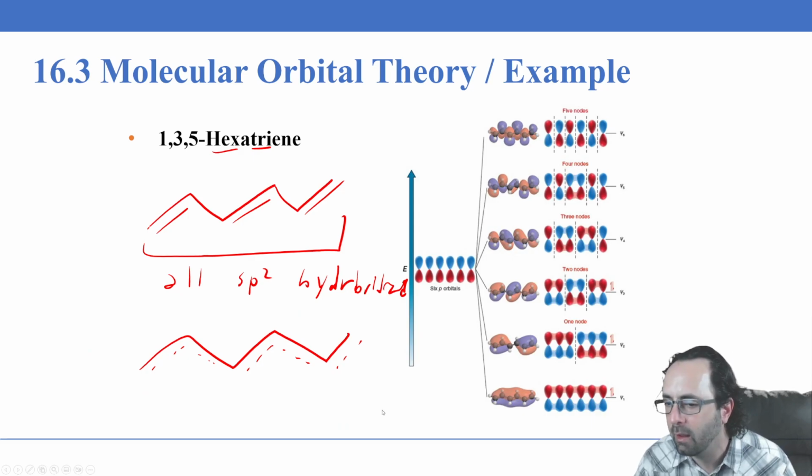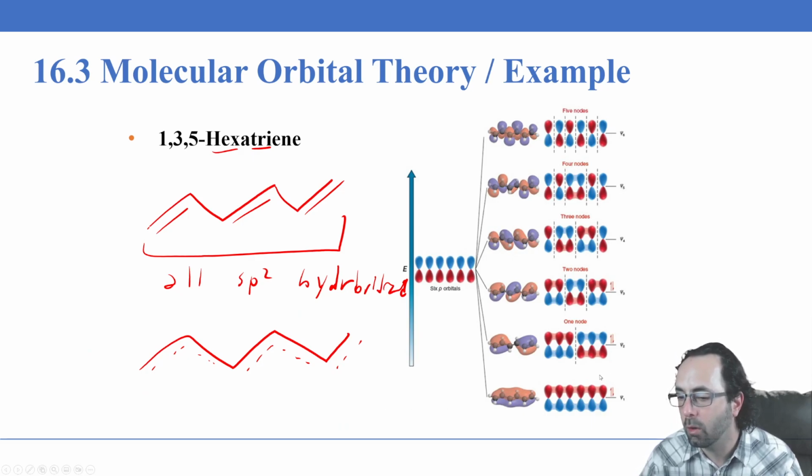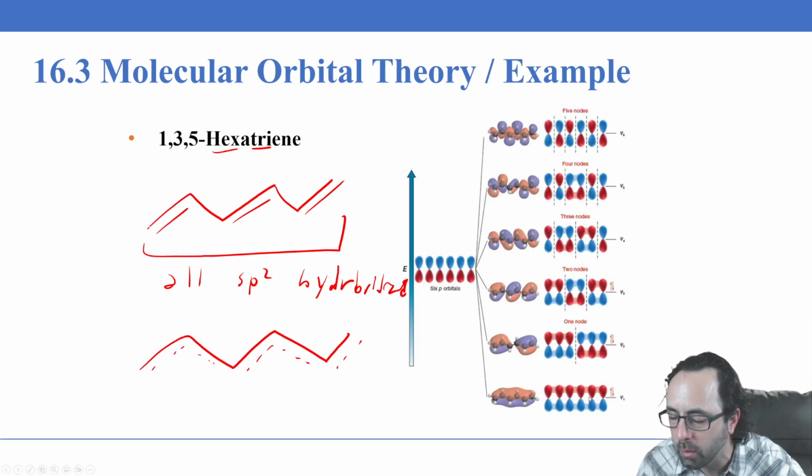The next less stable molecular orbital picture would be the one where on half the molecule we have a molecular orbital extending through that half, and the other half has a molecular orbital, with a node right in between the two. And so we have overlap between these 3 p orbitals and overlap between these 3 p orbitals.